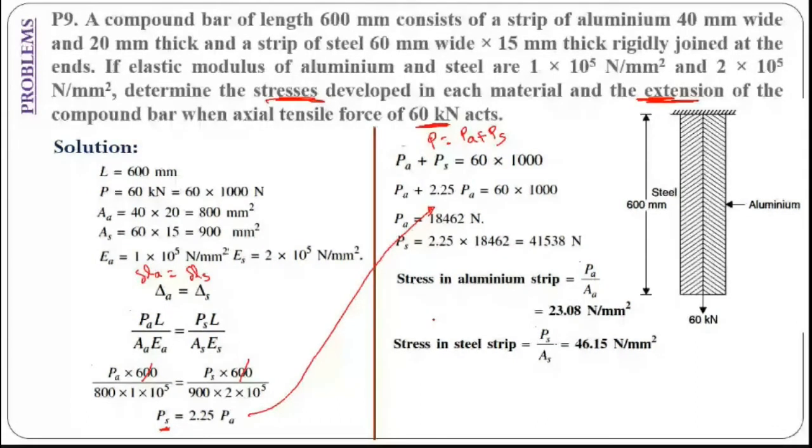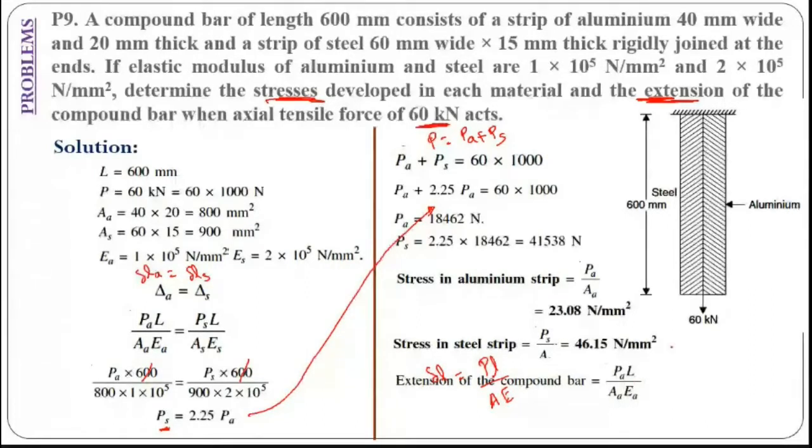Next step is to identify the extension. For extension, you can use any one of the formulas. You know that del L is equal to PL by AE. Either I can consider PA or PS, whatever it is. Let me consider PA, so PA L by AA EA.